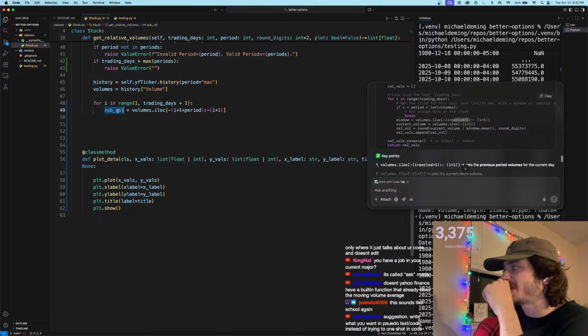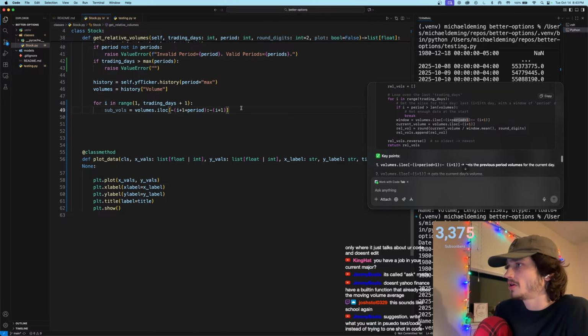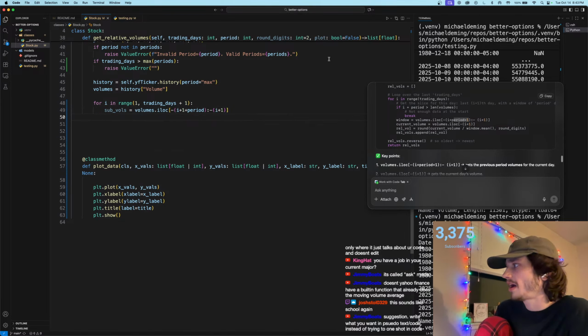This will get the current volume, or the window volume, right? And then we would take the current volume is equal to just that location, right? From that final index here. Right here, right? And then we have the relative volume.